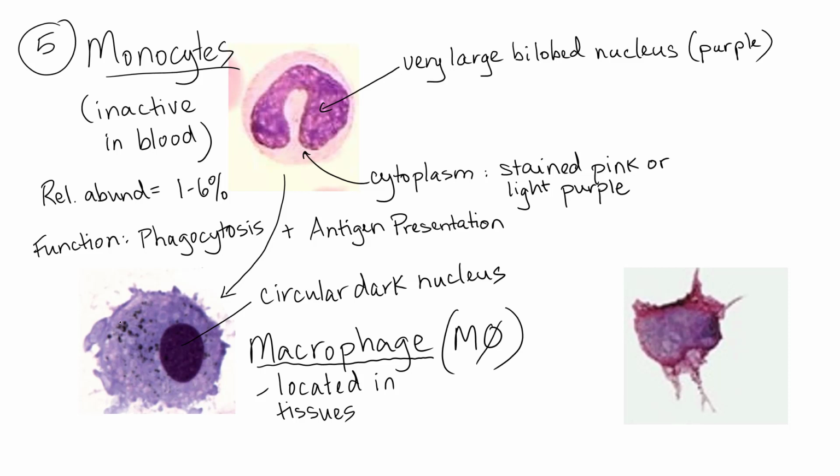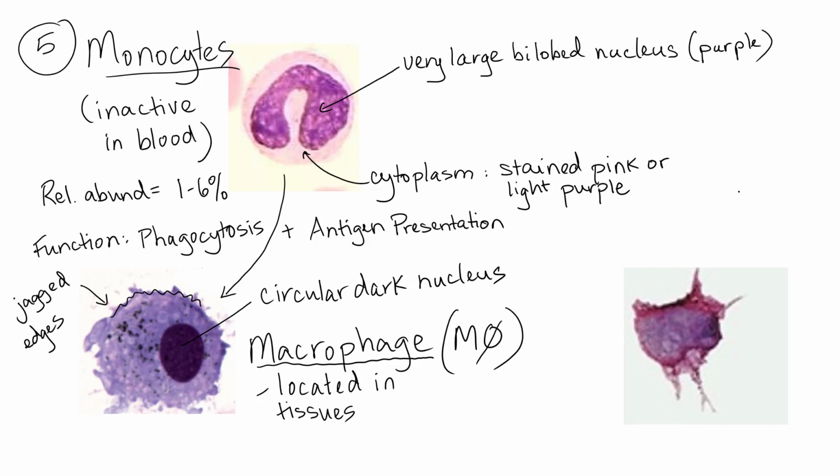Notice that the macrophage has sort of these jagged edges too. That might be another clue that we're looking at a macrophage. But once again, you wouldn't see macrophages in a blood smear. You would see it in tissue histology, which is possible to do. Take sections of tissue and stain it and look at it under the microscope.